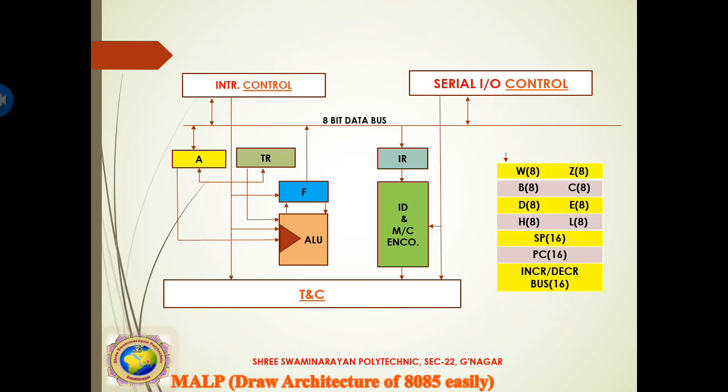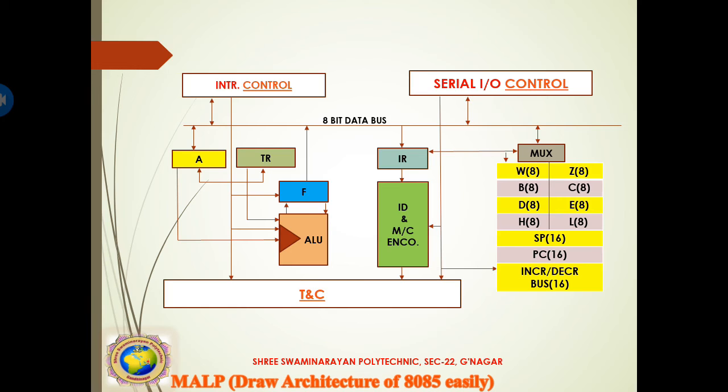Then the different types of registers are here: the special function registers, general purpose registers and so on. They are connected with the 8-bit data bus using a multiplexer, or MUX. Bidirectional buses are used for the MUX connecting the different types of registers. The MUX is also connected with the instruction register. This way it will be connected.